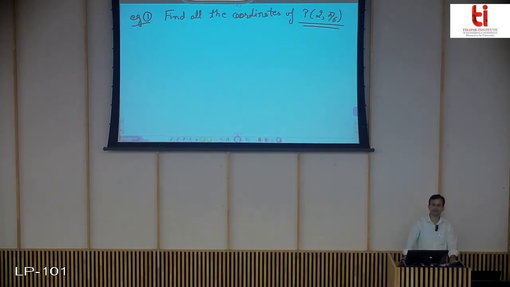Other than that, this example will also tell you how to take a point in polar coordinates, how R is positive or negative, and how theta is positive or negative. If these things are clear, then you can easily plot the polar curve, because this is the basic step we will do in each and every question for plotting points in a polar curve.